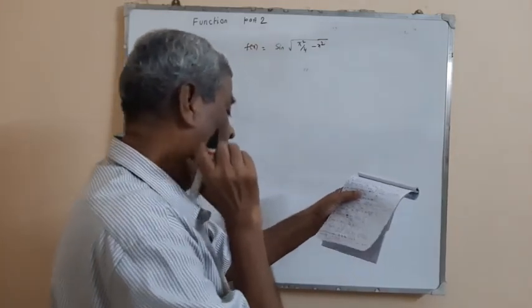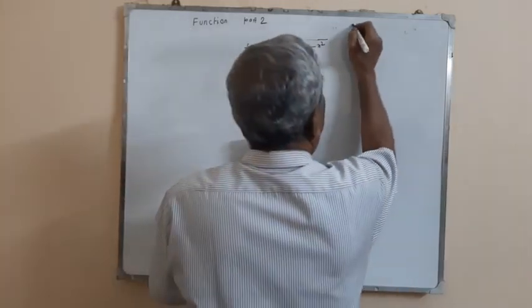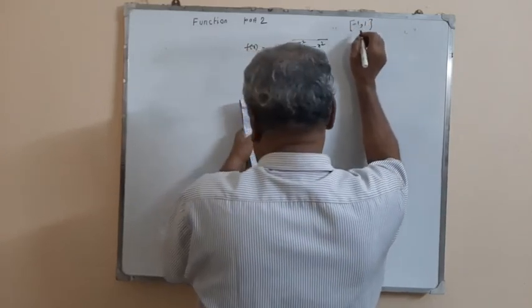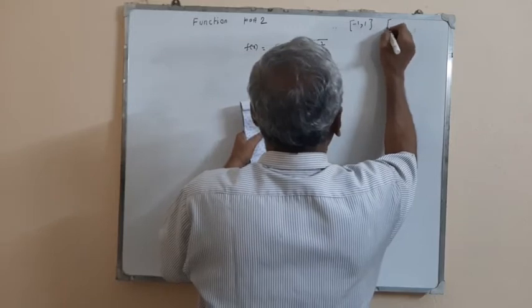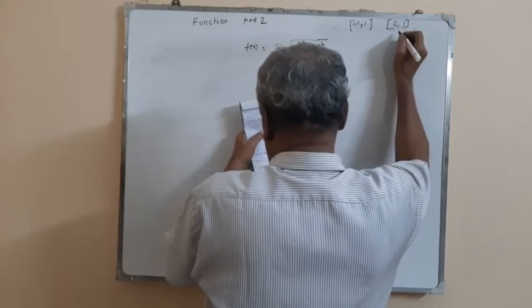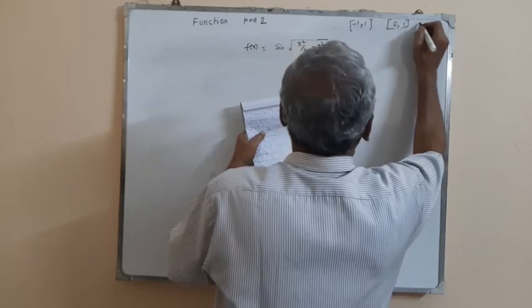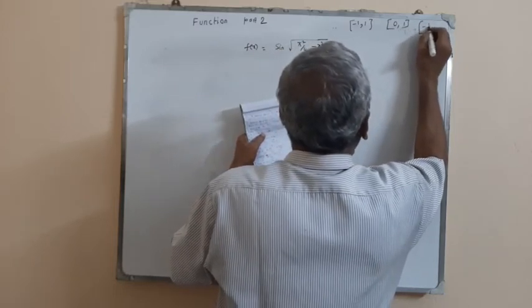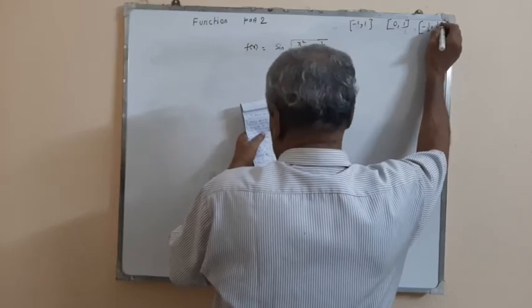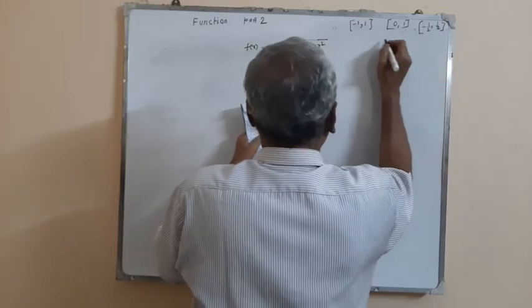Options: minus 1 to 1, 0 to 1, minus half to half, and minus half to 0.